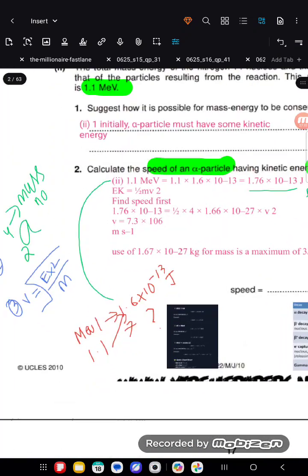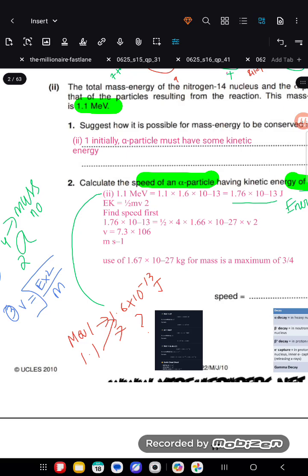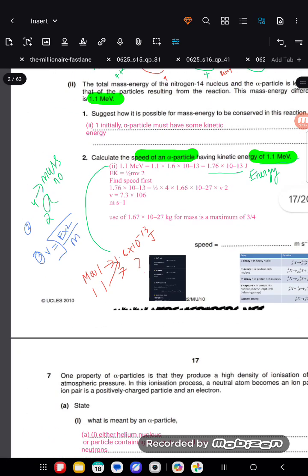So 4 you will multiply with 1.6 into 10 raised to minus 27. In this way you will calculate the speed. Here it is 4 marks because you are doing 4 steps.